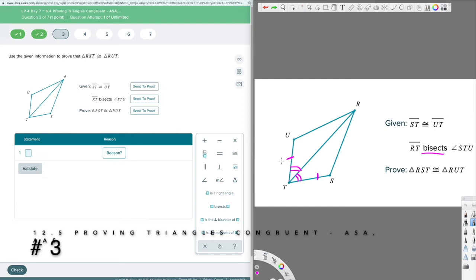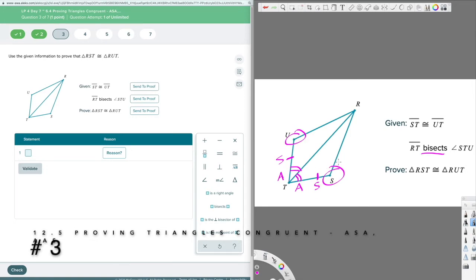All right. So now I have side, angle, like this. So if I'm trying to do angle, angle, side, or angle, side, angle, then I would want to prove something about either these two angles. And if I think about that, there's really nothing I can prove about those two angles.